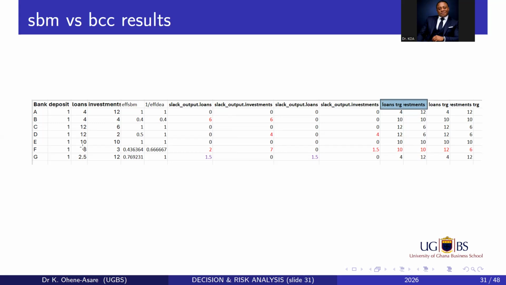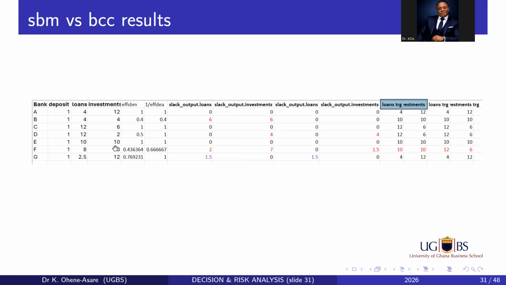But when you look at the DEA slack at the target, when you look at the loans, they are 8, and the target says it should go to 12. So it means that you need to have a slack of what? Drop 4. You need to have a shortfall of 4.